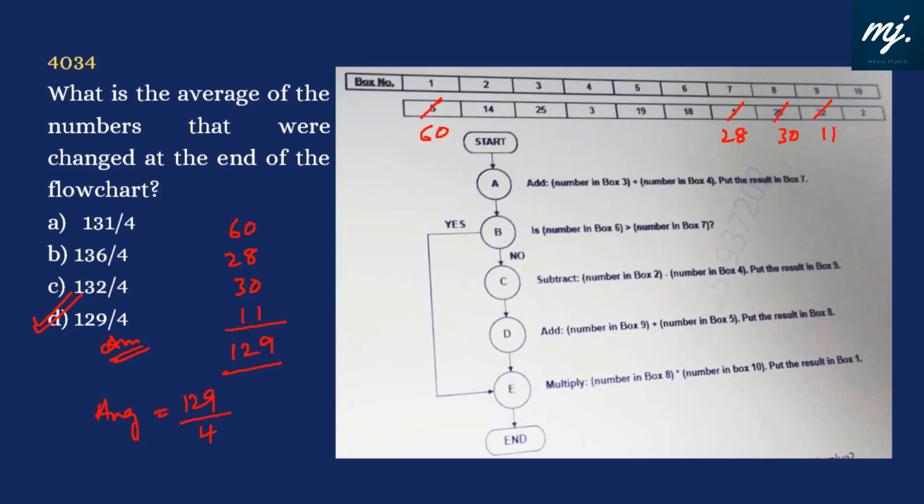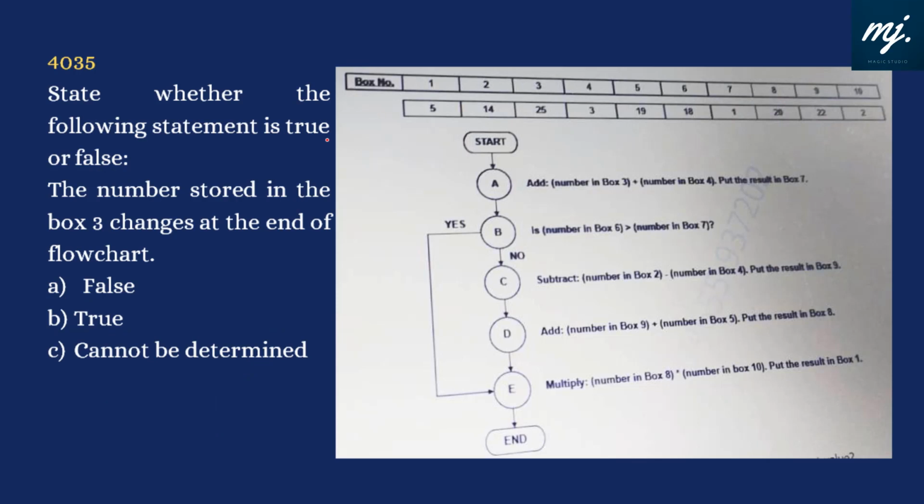And the next question, the third one, which was asked on the same caselet was, first let me write the changes. 1 becomes 60, 7 has become 28, 8 is 30 and 9 has become 11 at the end of the flowchart. State whether the following statement is true or false. The same kind of question was also asked in the previous flowchart also.